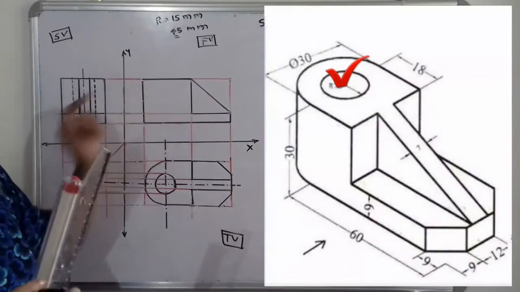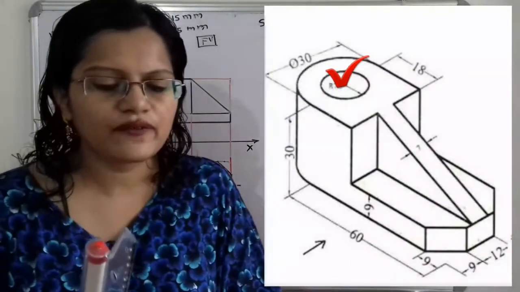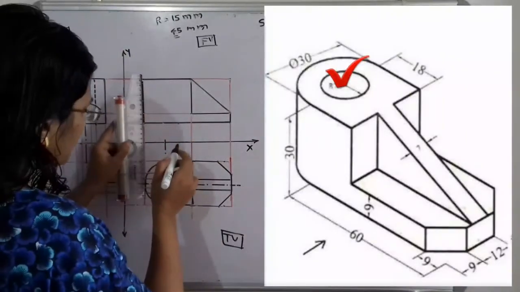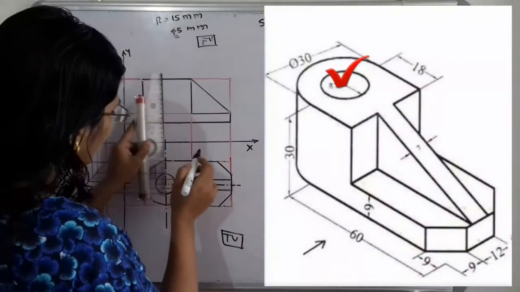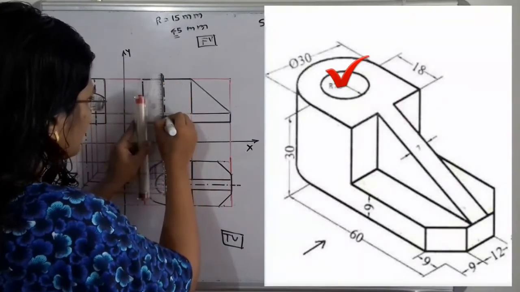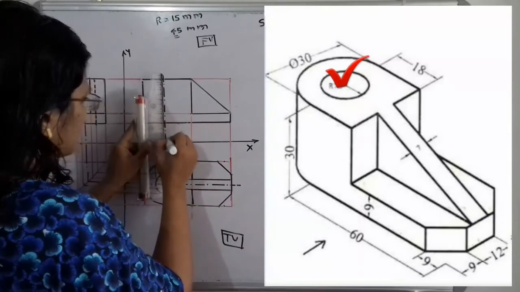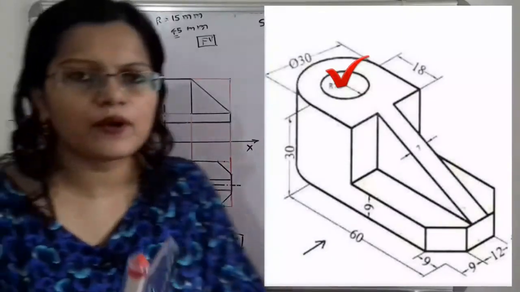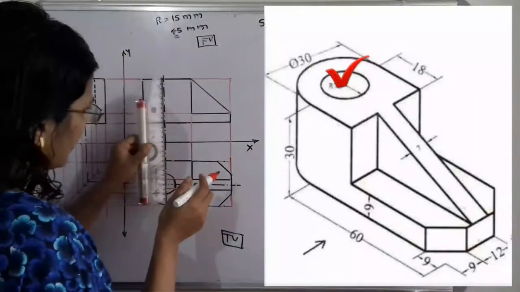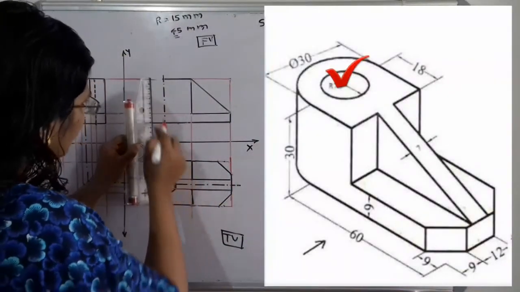Now how to show it in the front view? So from the front view we also cannot observe this. So for that we will project this. So for that we have to project the center. So here is the center of that hole. So this is the projection. Now we will project the end points of this hole. So here we have to take the line.